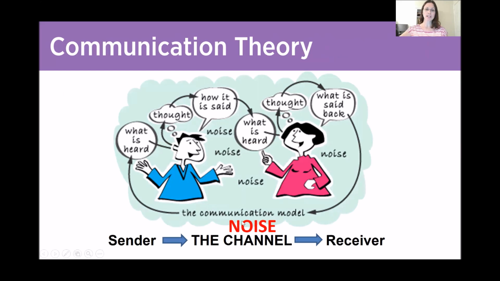So we have the sender, which may be us, for example, then the channel, how we are communicating the message, and the receiver, so for example, the client we may be speaking to. Conversely, we may be the receiver and someone else may be the sender. This could also be another health practitioner, or it may be a client.